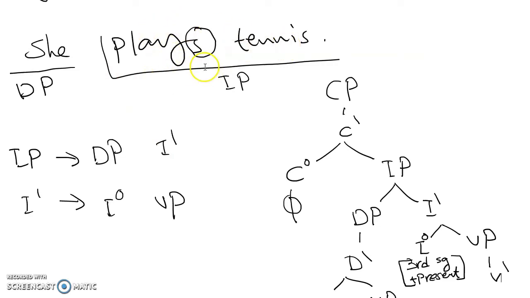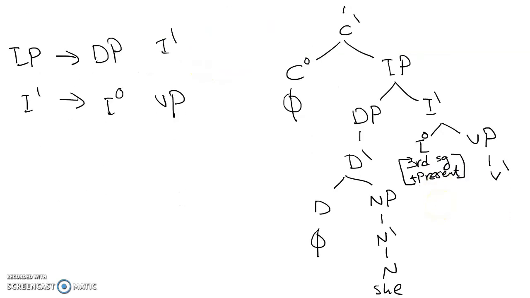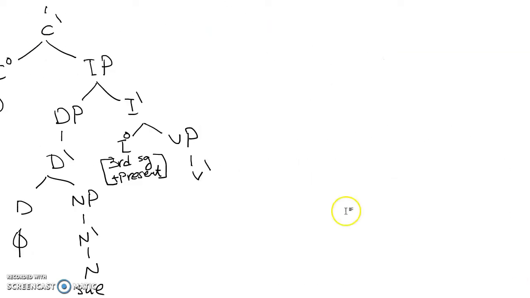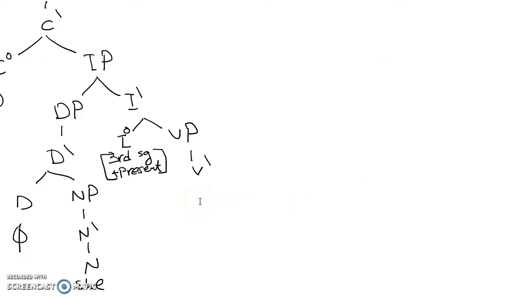So I have to consider plays as the verb and tennis as a DP. This V bar consists of the verb and its complement, which is the object in the sentence, abbreviated by DP. The verb is plays, and the DP is tennis.